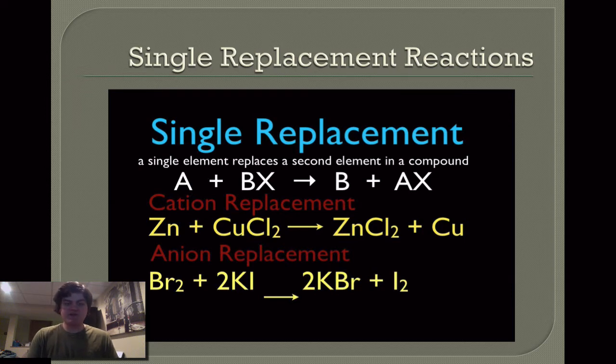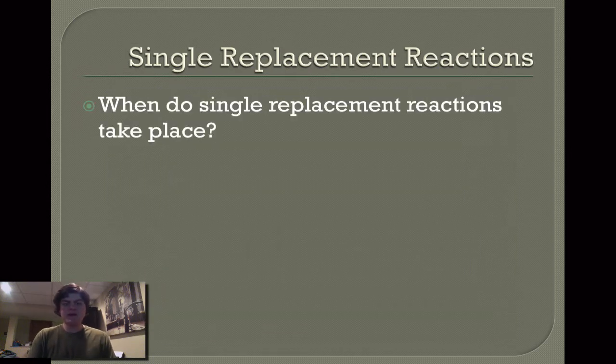In the first sample, the cation is being replaced. Copper is replaced with zinc. And in the second example, the anion, iodide, is replaced with bromine. So it can be either, depending upon the circumstances.